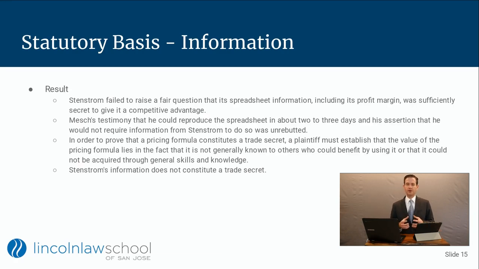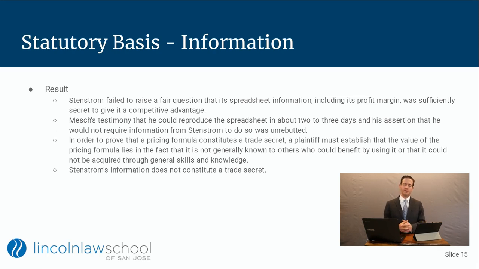So the result here is that the court concluded that Stenstrom failed to raise a question that the spreadsheet information, including profit margin, was sufficiently secret to give it a competitive advantage. Mesh's testimony indicated that he could replicate and reproduce the spreadsheet in about 2 to 3 days. And he additionally asserted that he would not require information from Stenstrom to do so.